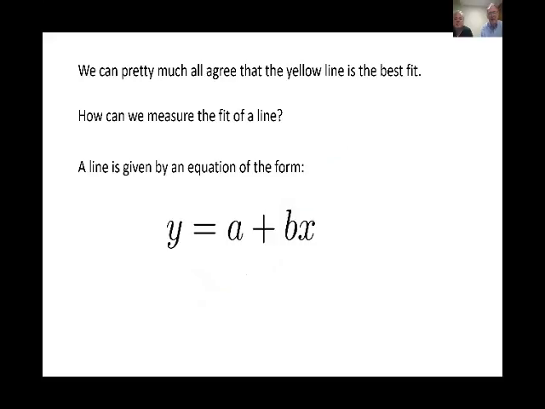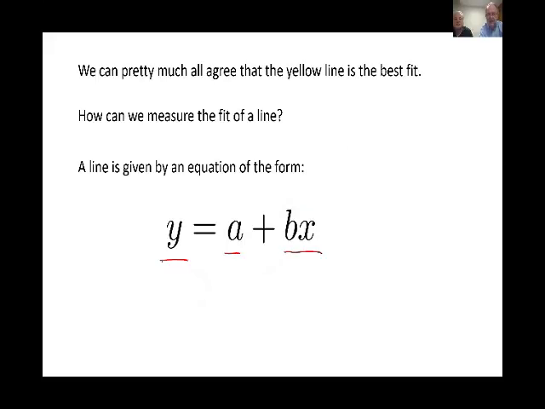In order to do that, we need to do some math here. A line is given by an equation of this form: the y coordinate can be expressed as a number a plus b times the x coordinate.